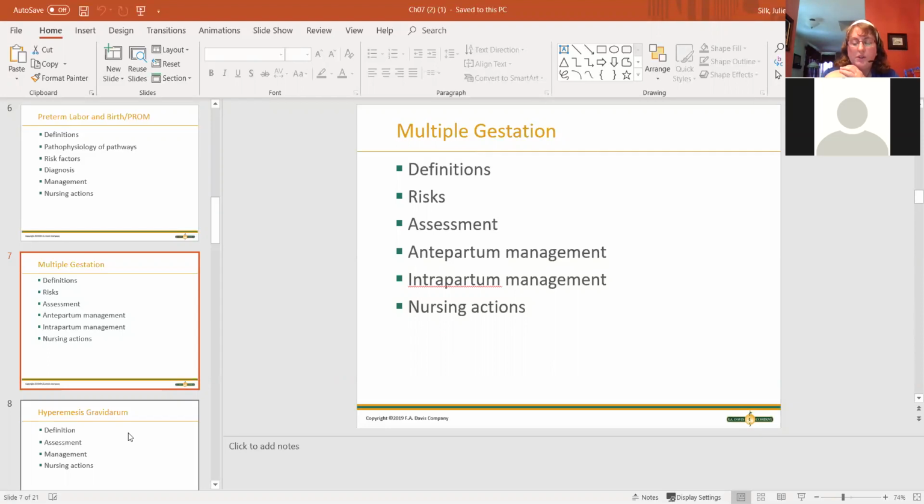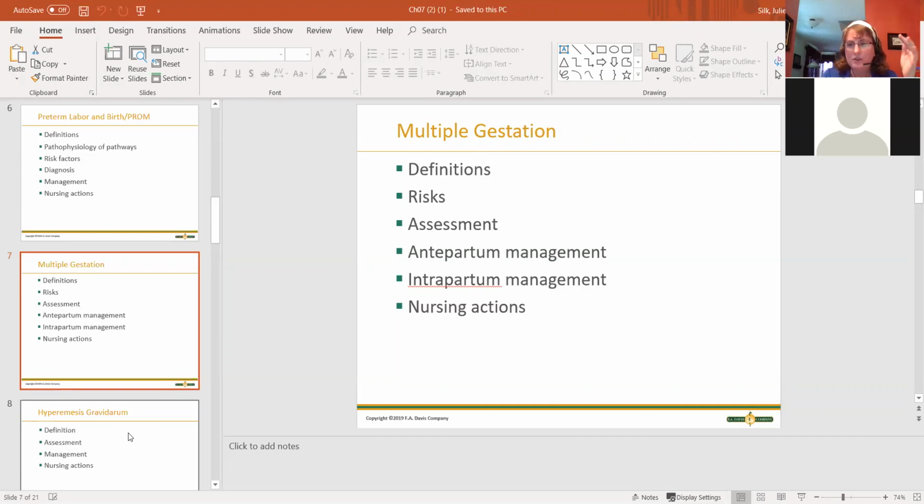As far as risks go, for the woman, she is going to be more at risk for hypertensive disorders and preeclampsia, gestational diabetes. She could be at risk for antepartum hemorrhage, anemia, cardiomyopathy, cesarean birth.